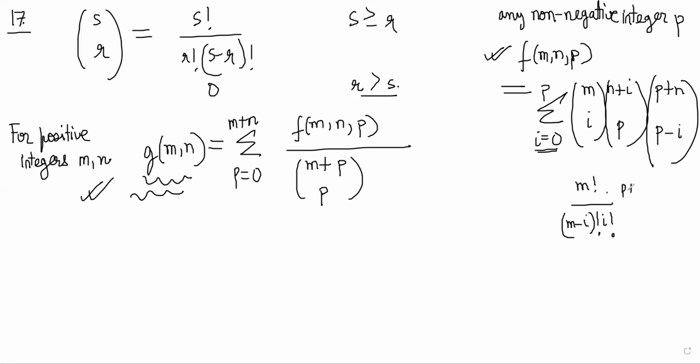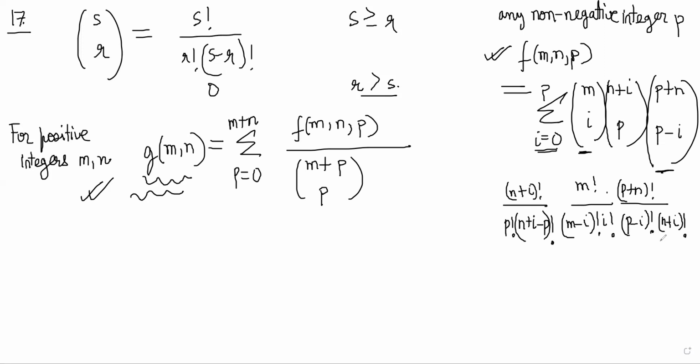I'll write it as P plus N factorial by P minus I factorial, and this is P plus N minus P plus I, so N plus I factorial. I'm breaking apart the first and the third one right now. Do you understand what I've written? Yes. And then here, what is it? N plus I factorial by P factorial and N plus I minus P factorial, the second one, right? Yes.